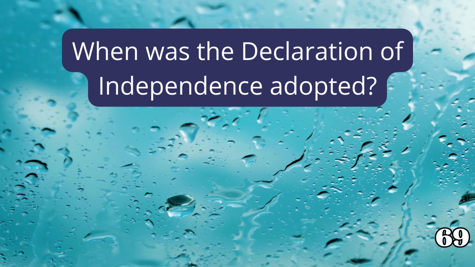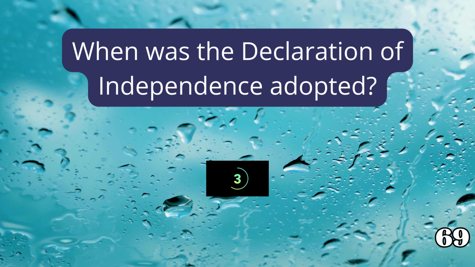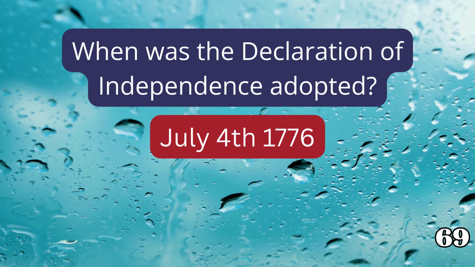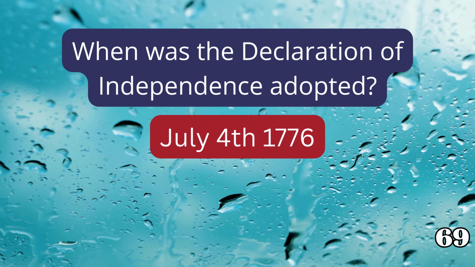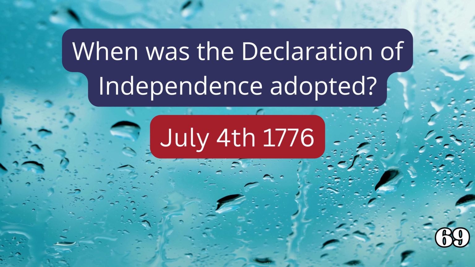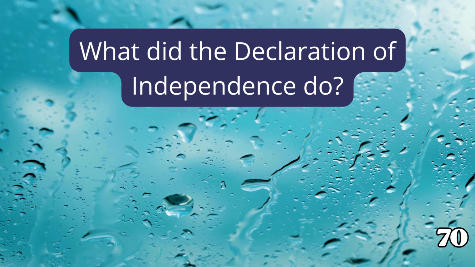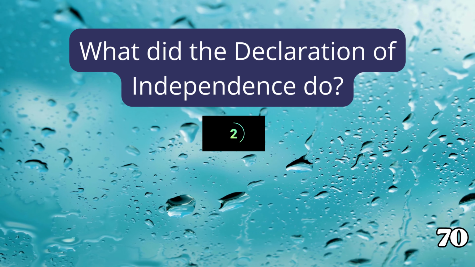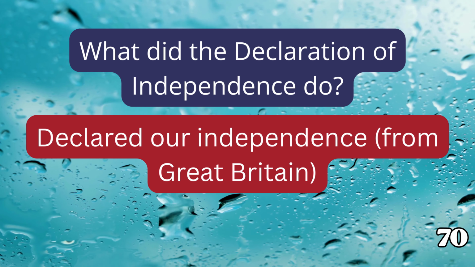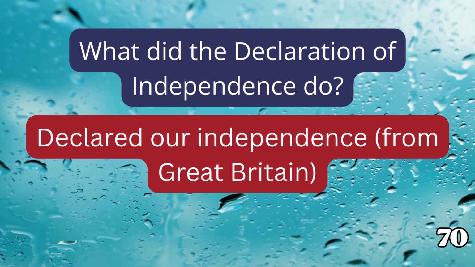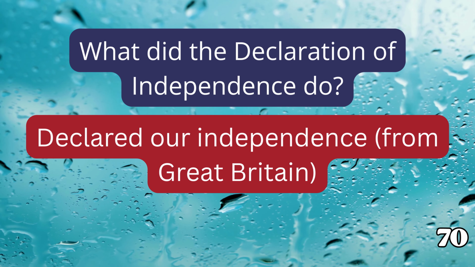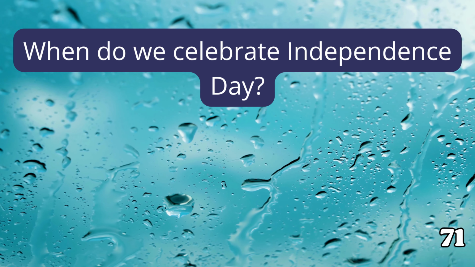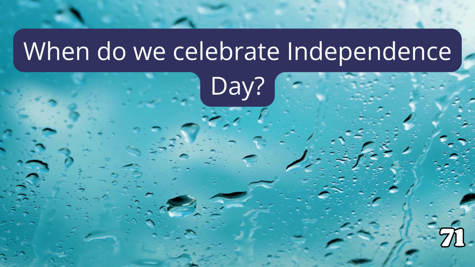When was the Declaration of Independence adopted? July 4th, 1776. What did the Declaration of Independence do? Declared our independence from Great Britain. When do we celebrate Independence Day?